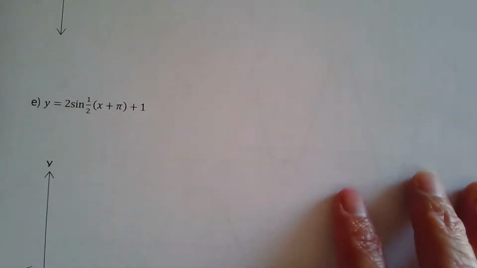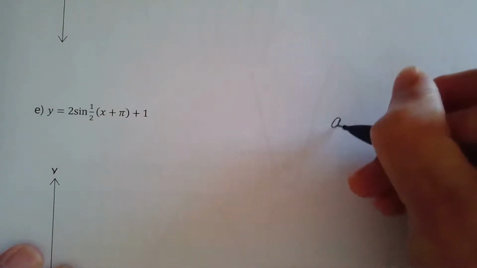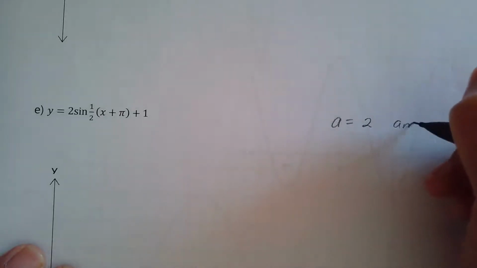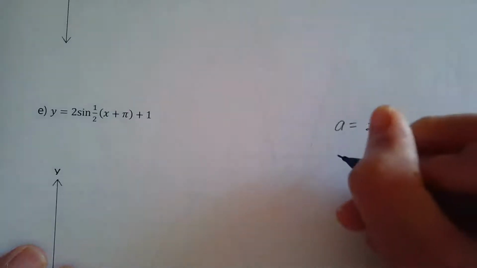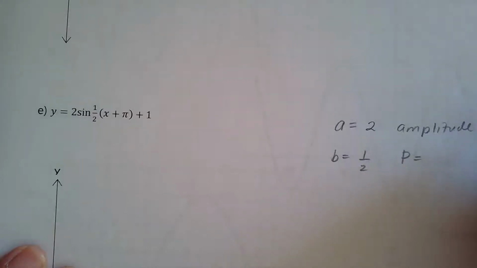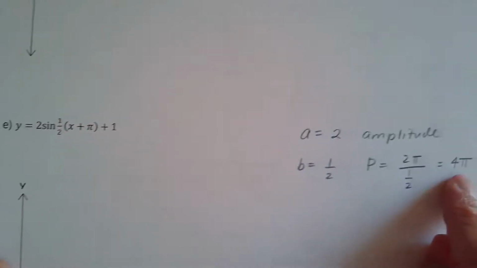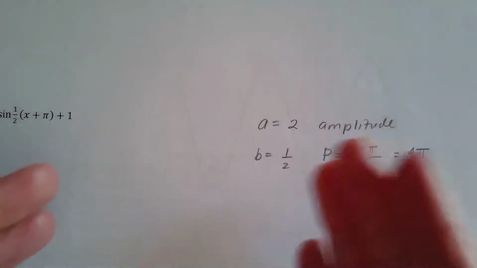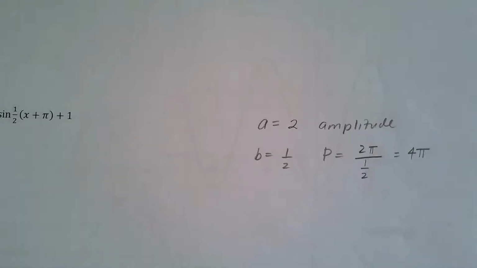So I'm going to do that all in here. Our B is equal to 1/2, so that means our period is equal to 2 pi over 1/2, and 2 pi over 1/2 is just 4 pi. So that tells us that one wave is going to be in a span of 4 pi.